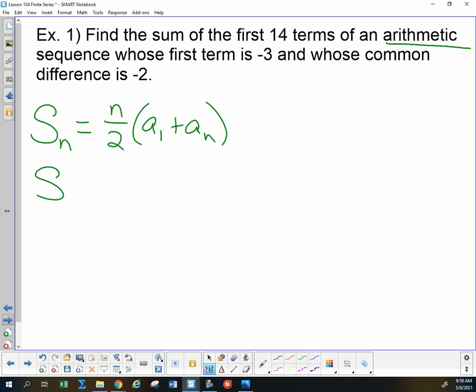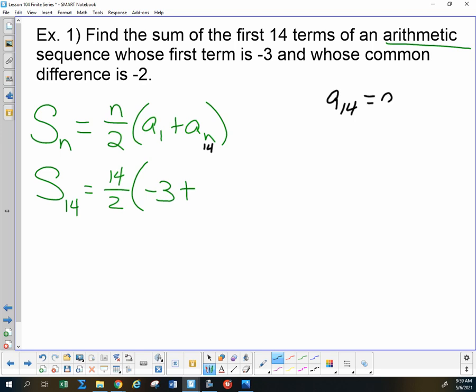So we want 14 terms, so 14 over 2. Do we know the first term? Everybody shout it out. First term is -3. Do we know the 14th term? So we have to find it. So that's what I'm talking about. We need to find the 14th term so that we can plug it in there.